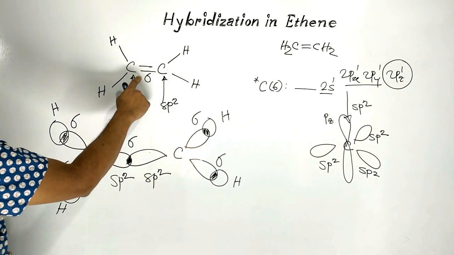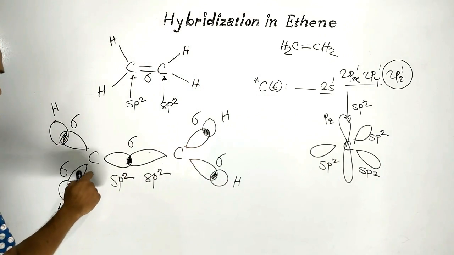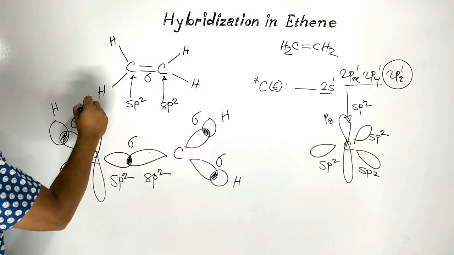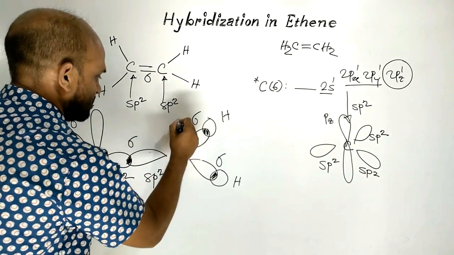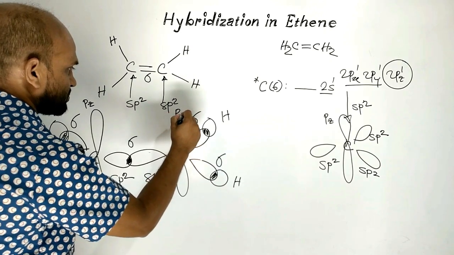Again, we know that each carbon atom contains unhybridized orbital, which is pz.